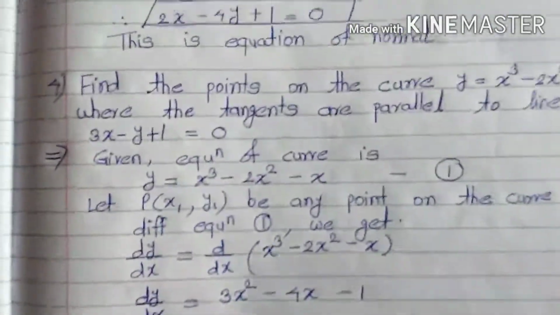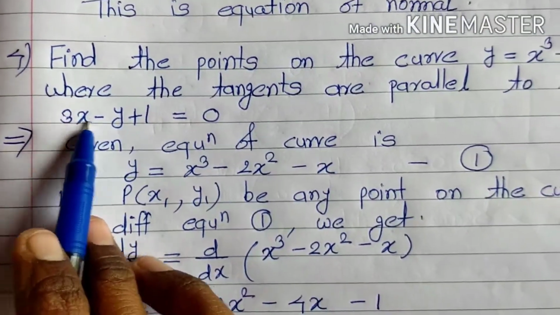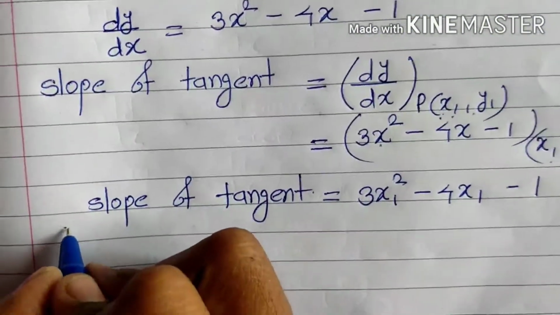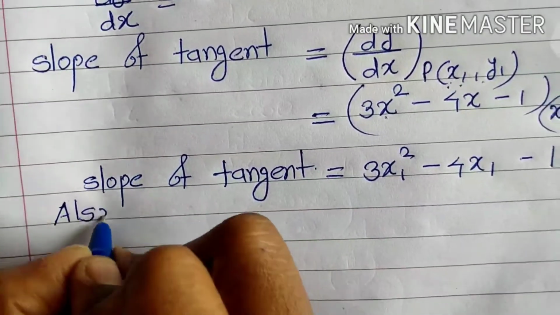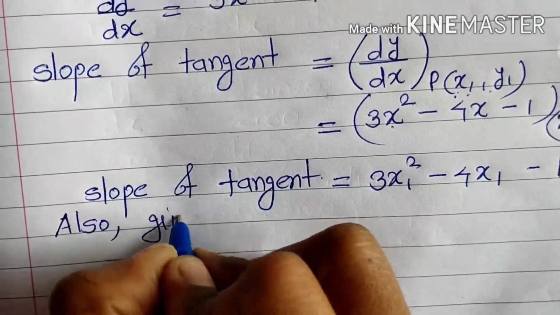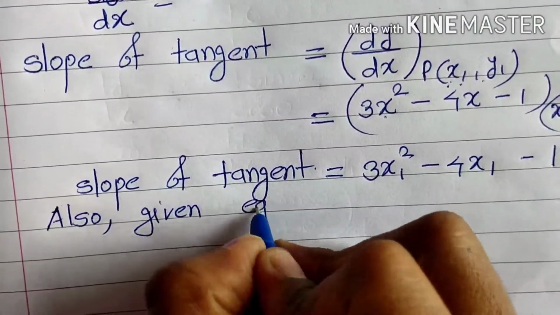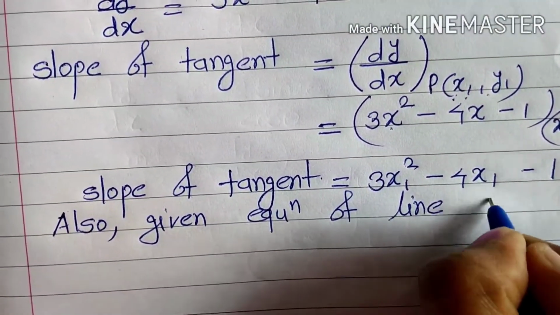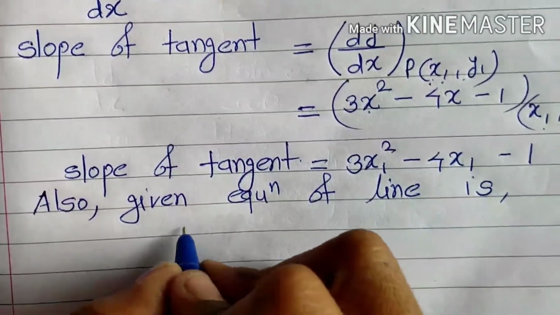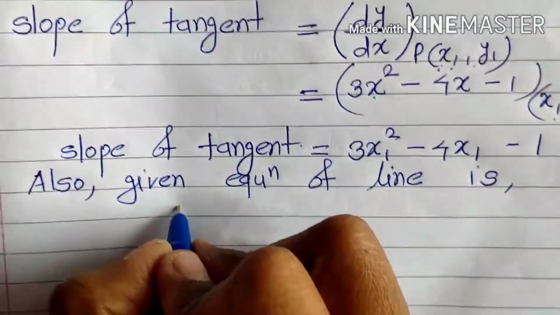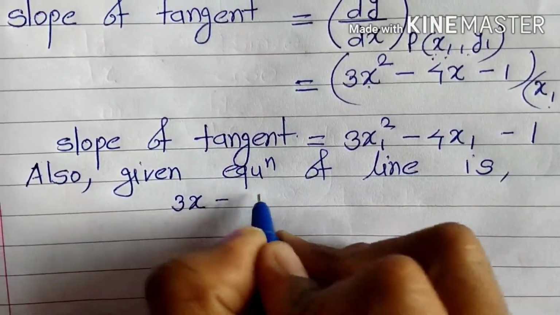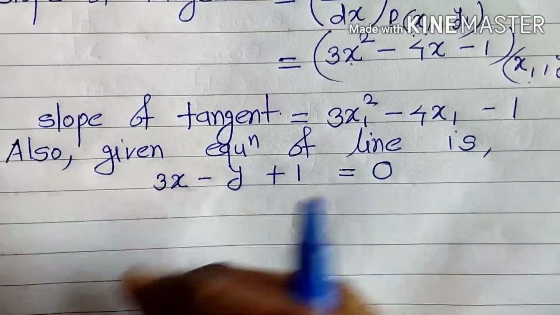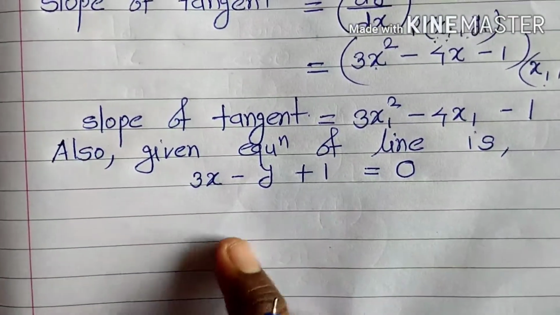Also there is the equation of line. This is the equation of line. So write, also given, the equation of line is 3x minus y plus 1 is equal to 0. We want to find the slope.